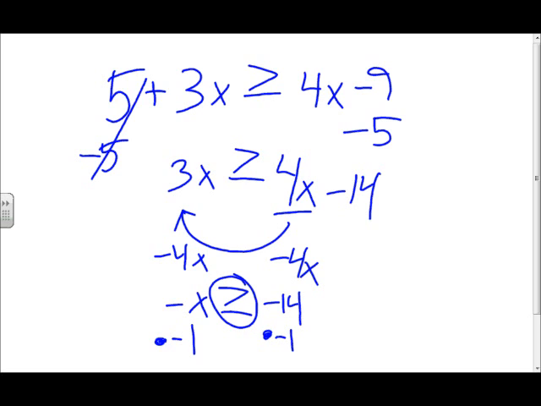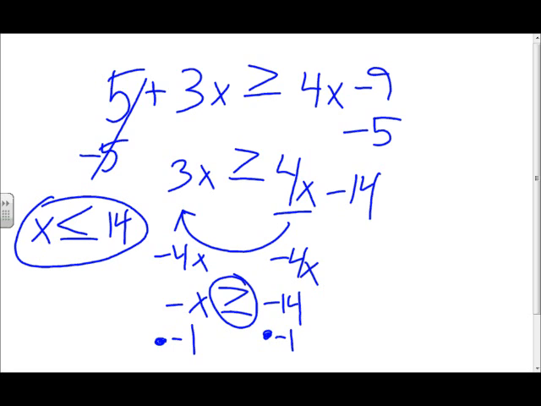So this would be x is less than or equal to 14. And that would be what the answer is.